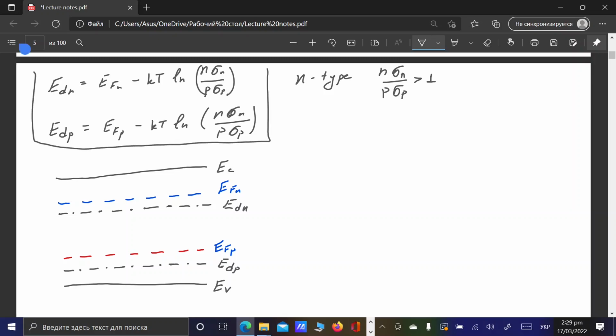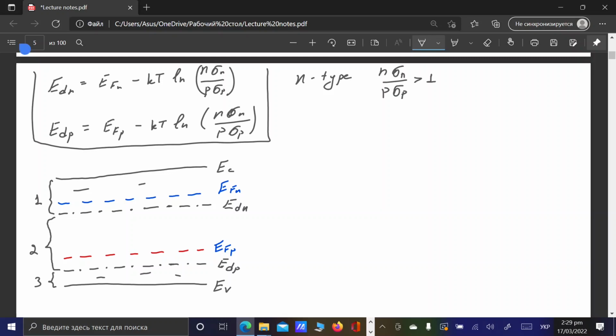And now we can make this division into regions within the band gap. So this will be the first region, this will be the second region, and this will be the third region. All energy levels located in the first region will be considered as traps for electrons.